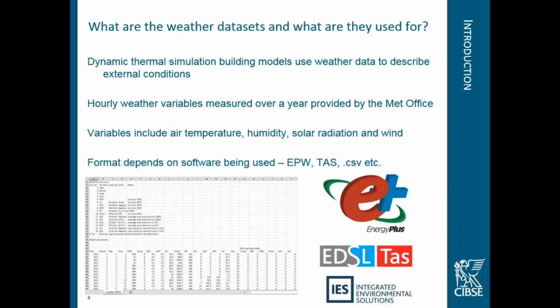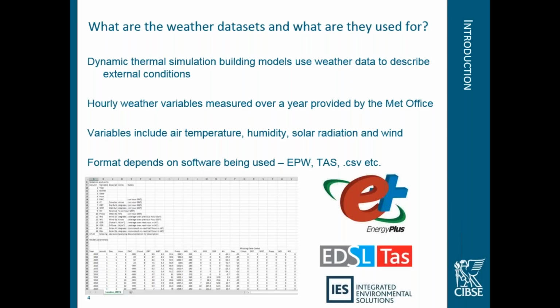So weather data sets are used in dynamic thermal simulation of buildings to describe external conditions and allow the performance analysis of internal conditions. They are hourly weather variables measured over a year. We got those from the Met Office.